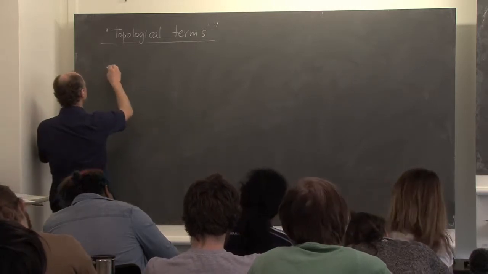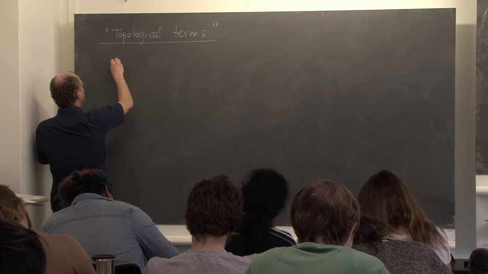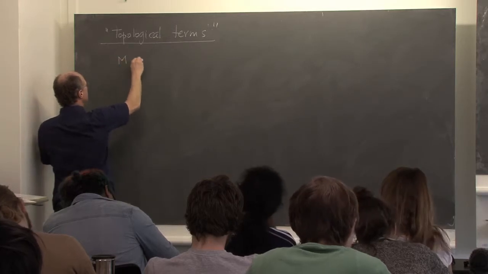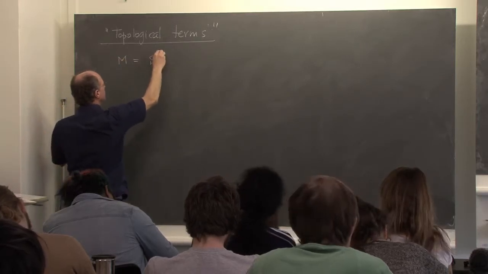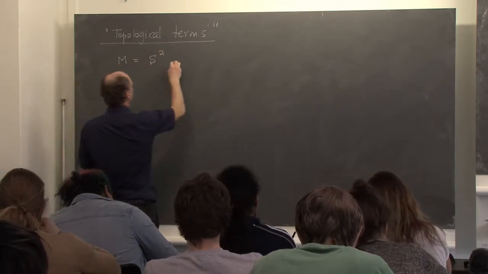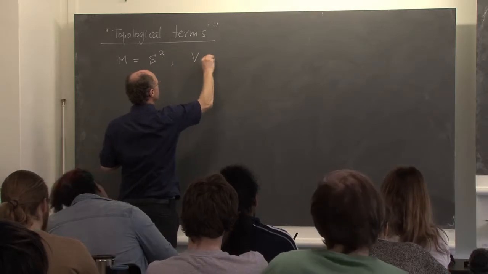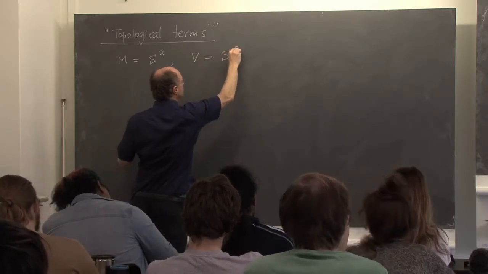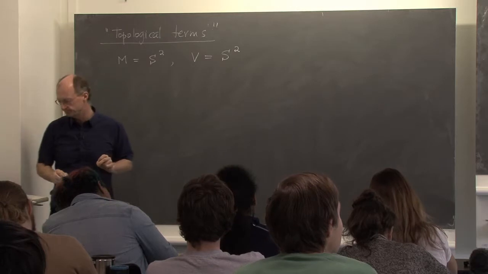So let me again start with an example. So let me choose M to be a two-sphere, S2. And let me choose V to be also a two-sphere.